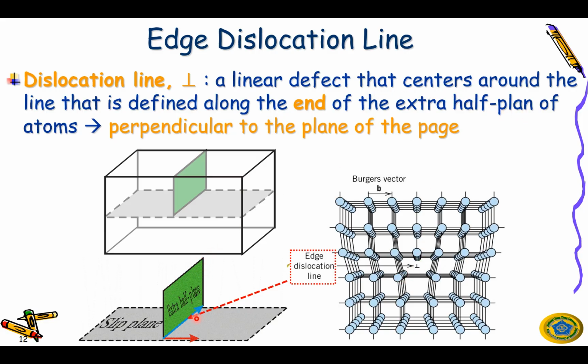This extra half plane is perpendicular to the plane of the page. This is the page, right? This is perpendicular from outside to this page. So this is perpendicular to the plane of the page. Okay, so this is the dislocation line.